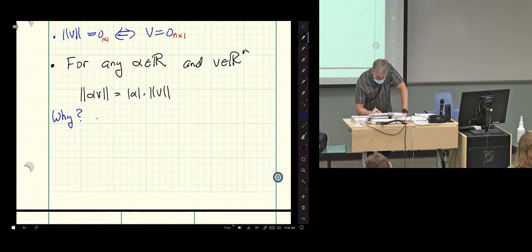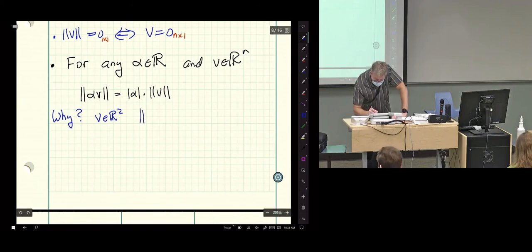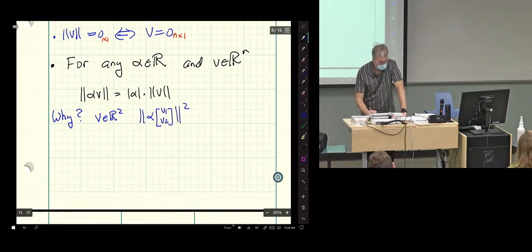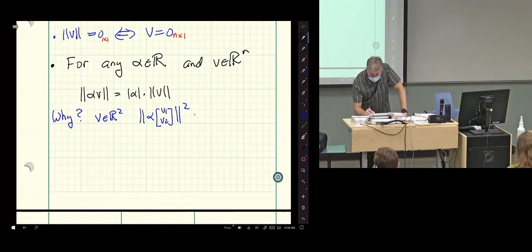So let's just do v in R2. And so we'll do the norm of alpha times v1, v2, and I'll compute the norm squared, just as I've done before, and then we'll take a square root. Okay, so that's the norm of the vector alpha times v1 and alpha times v2, squared.